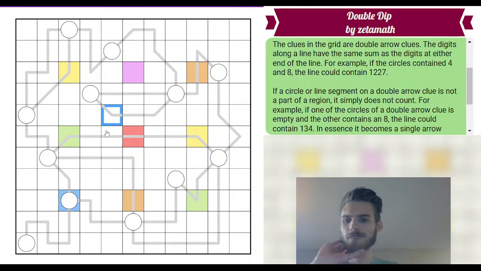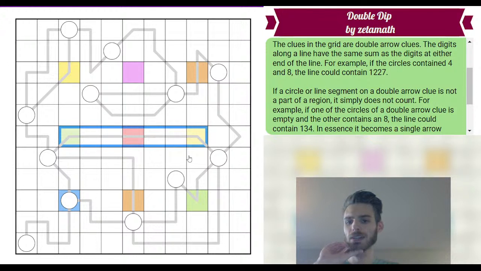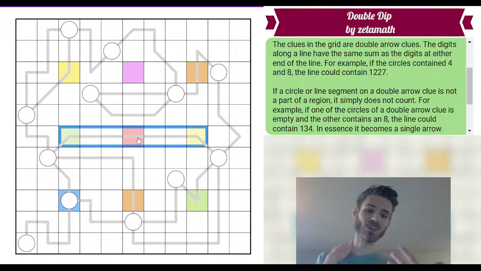So this is a very long line. In fact, that's a 7-cell line. Now, you don't need to be a genius to know that if you add up the digits, the lowest digits you can, 1 to 7, you're going to get 28.